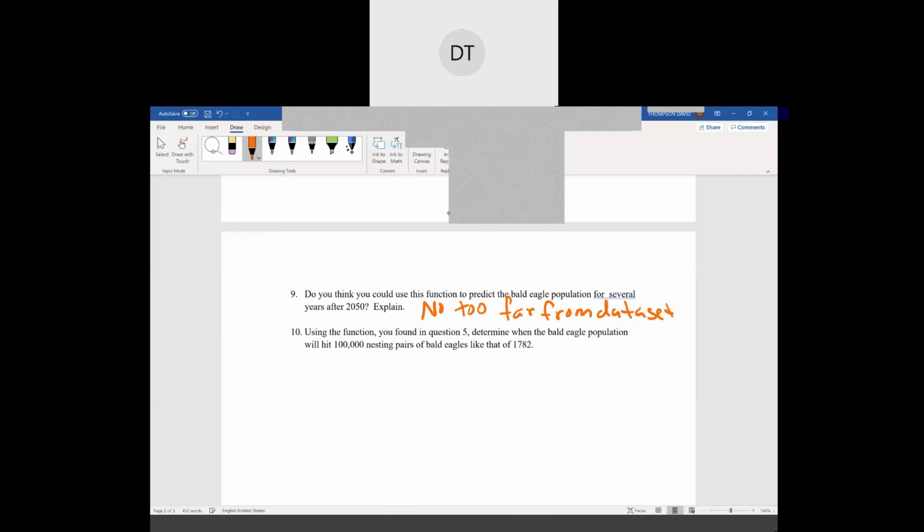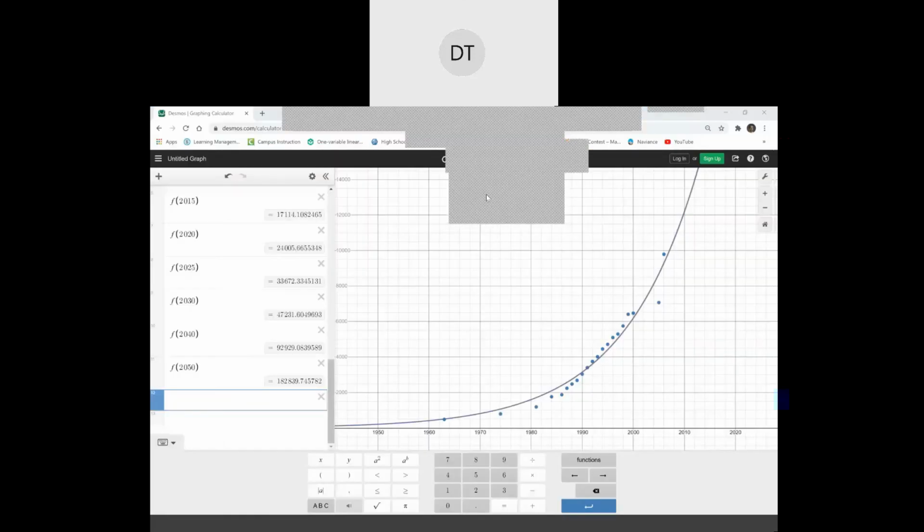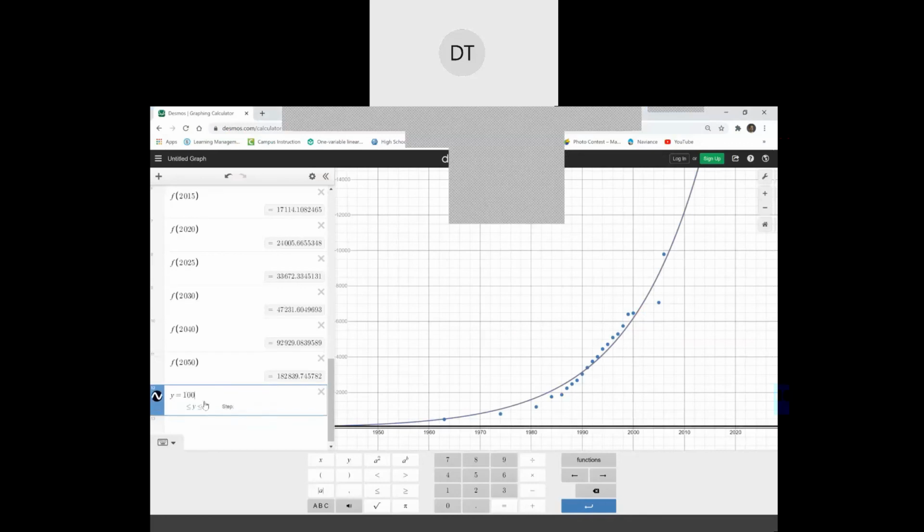And then using the function you found in question 5, determine when the bald eagle population will hit 100,000 nesting pairs like that of 1782. So let's try to answer this question using Desmos. In Desmos, what we want to do is we want to type in y equals 100,000.